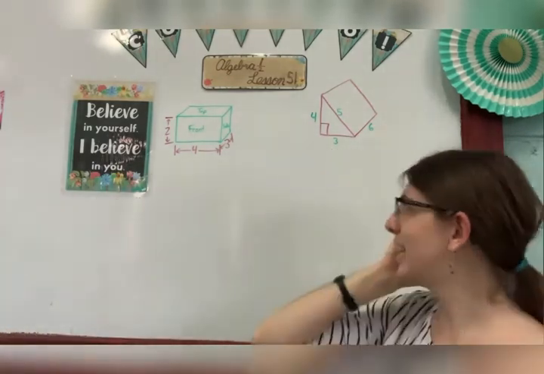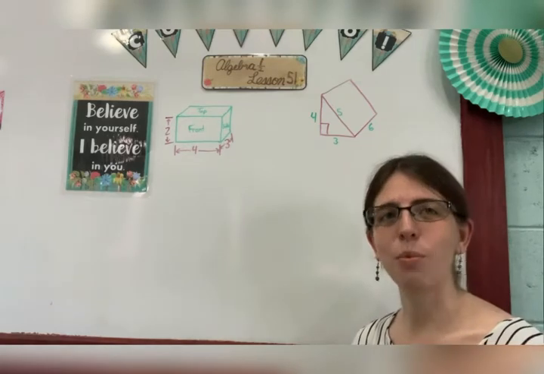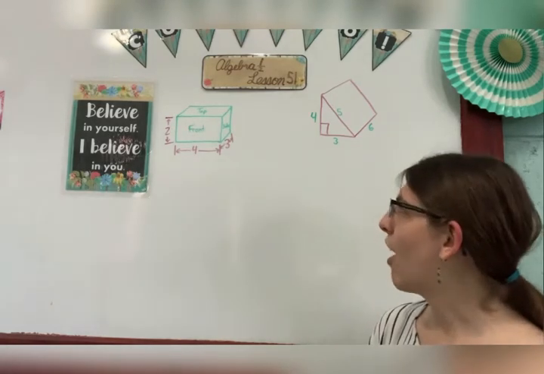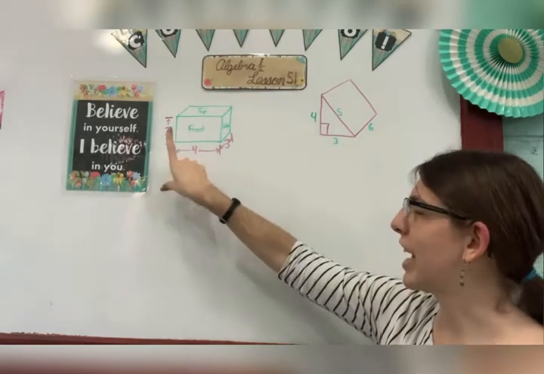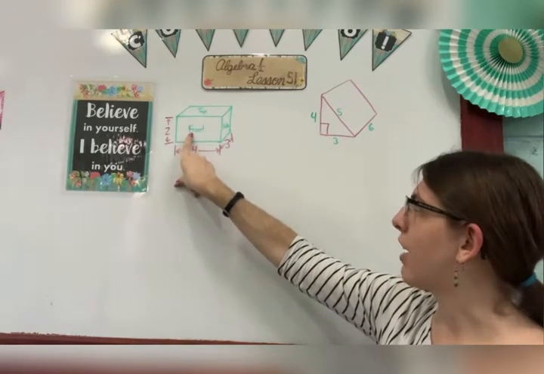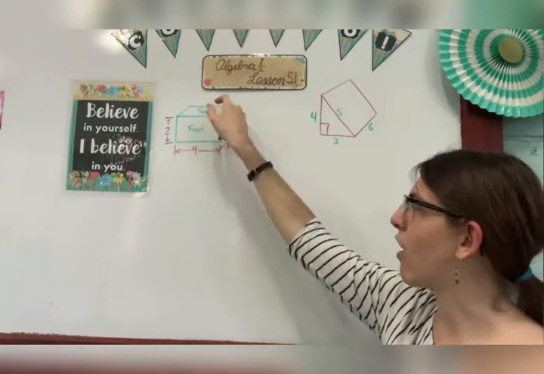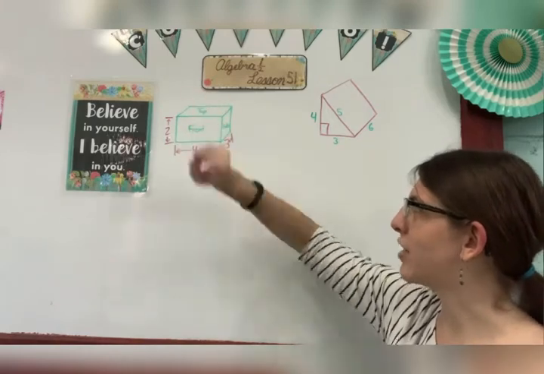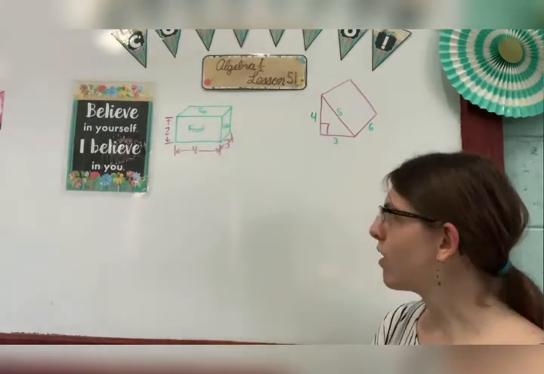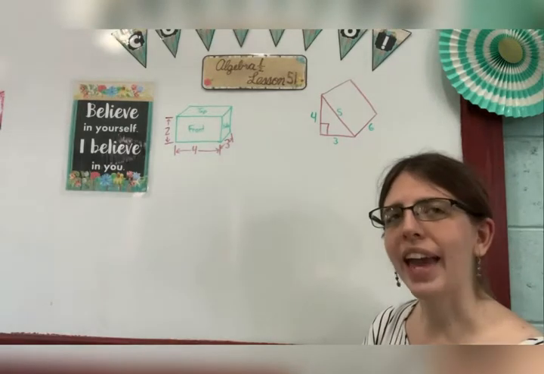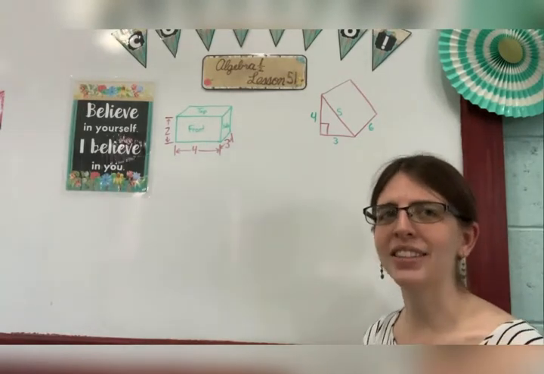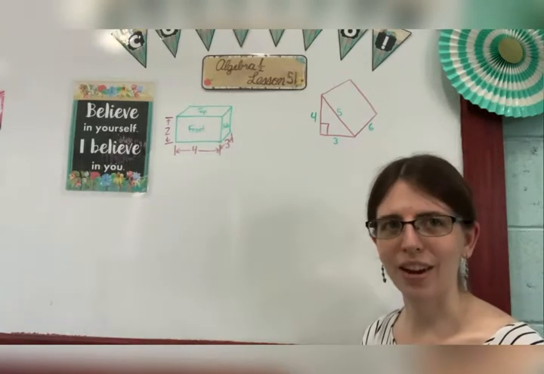So I'm going to use the examples to show you this way. First of all, I have a rectangular box. I have a front, a top, and a side showing. But that means I have a front and a back, 2 sides, a top and a bottom. But what's an easier way than finding 6 areas and adding all 6 areas?